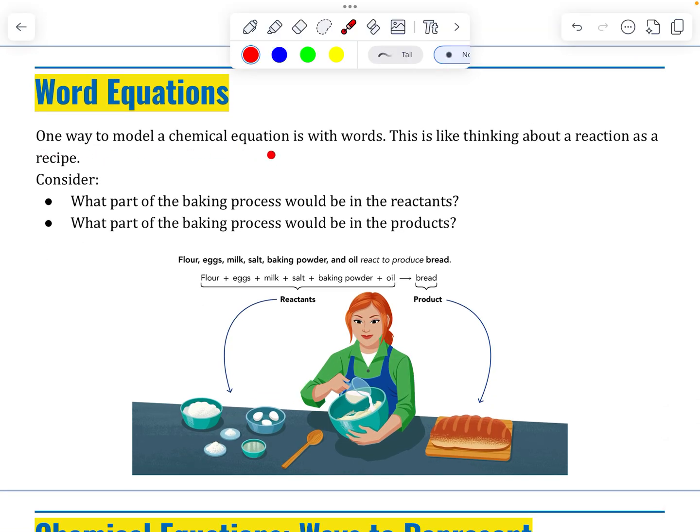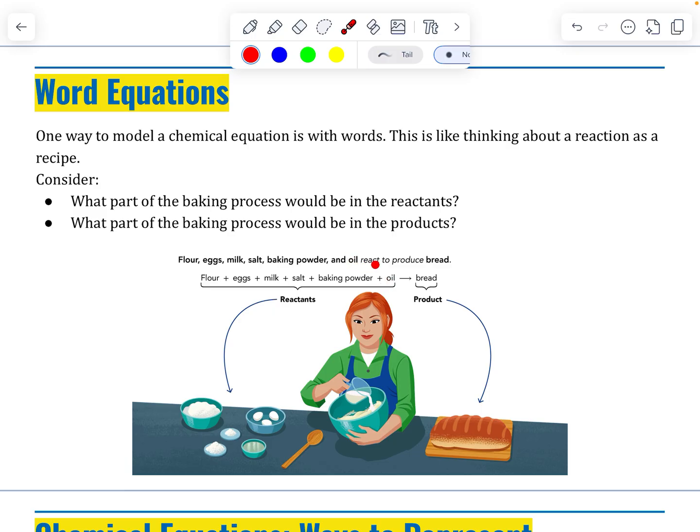This is like thinking about a reaction as a recipe. And so if we think about what part of a baking process would be the reactants? Well, if you're making bread, you've got flour, eggs, milk, salt, baking powder, and oil. Those things are our reactants on the left. And if we write out their names, then that's modeling this with words.